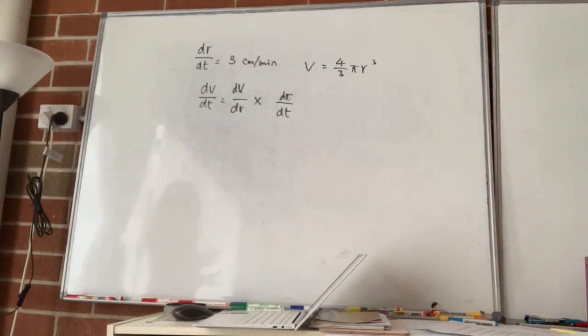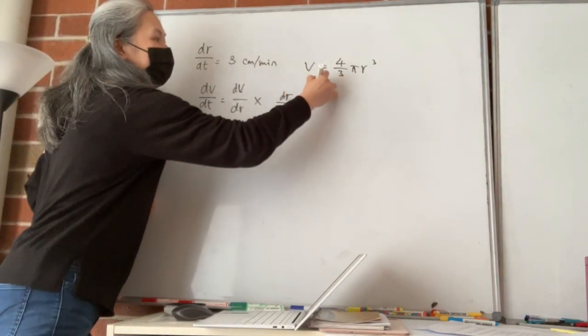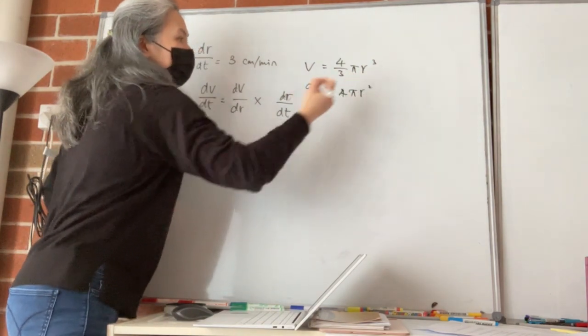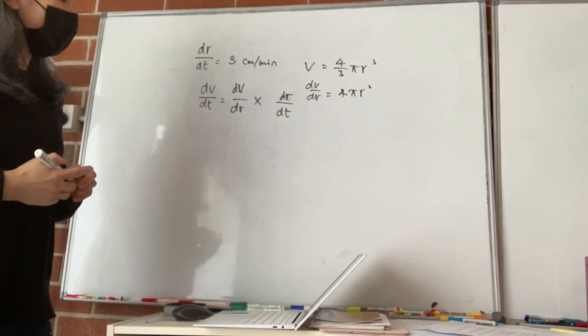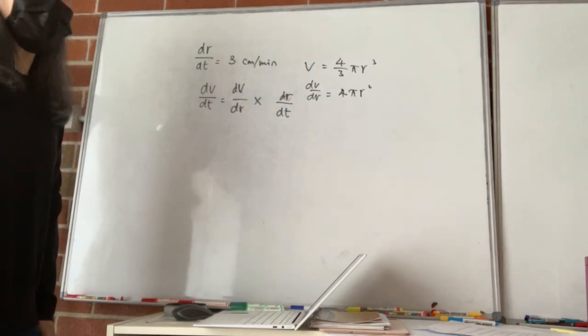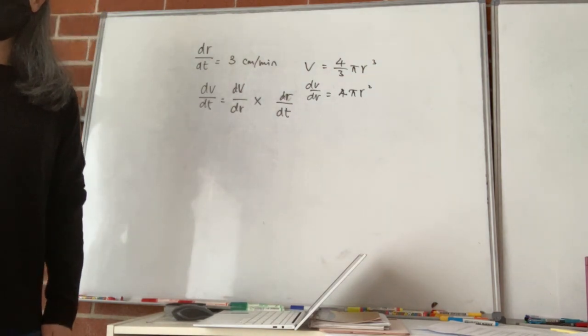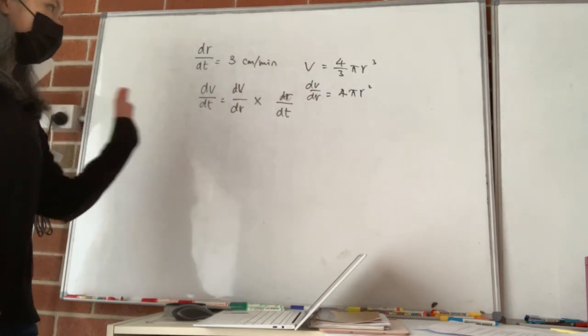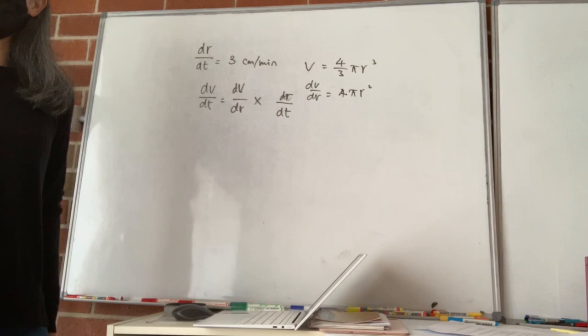All your cylinder, cone, and sphere. Those are the 3 main ones. Then you can do dv dr, right? So dv dr equal to 4 pi r squared. And the radius is given to you as 5, isn't it? Now we can sub in the 5 into the radius and then sub everything back into this side in here.